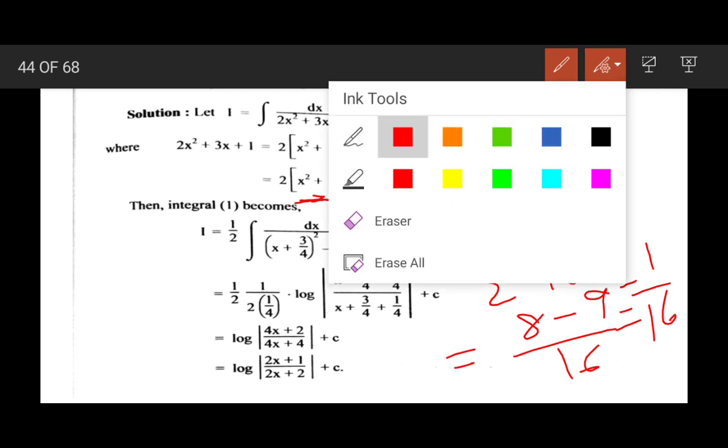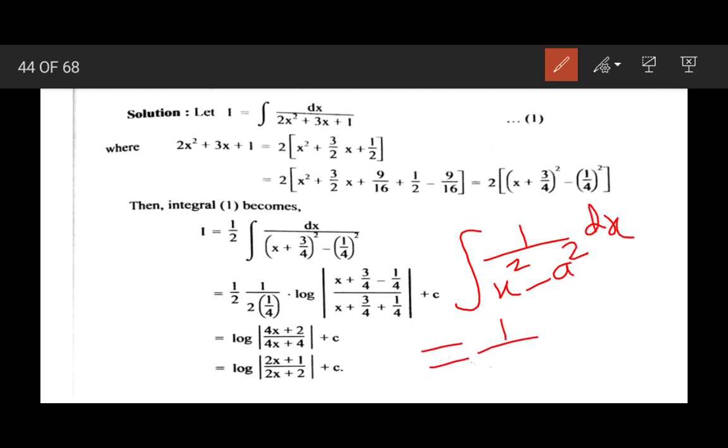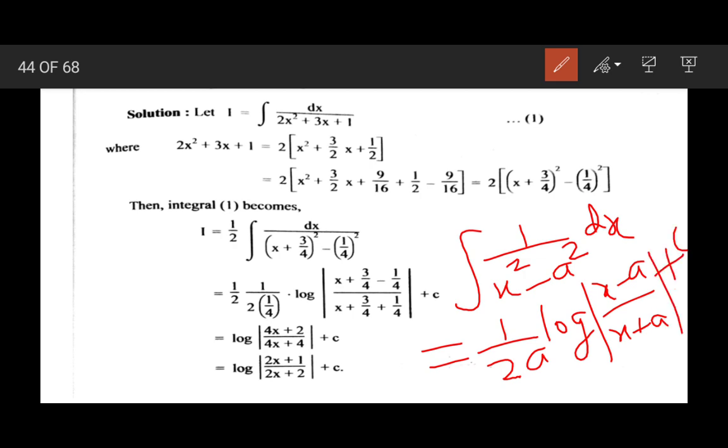Now this is in the form of integral 1 upon x square minus a square dx. So again I have to apply the same formula, that is equal to 1 upon 2a into log of x minus a upon x plus a, plus c.